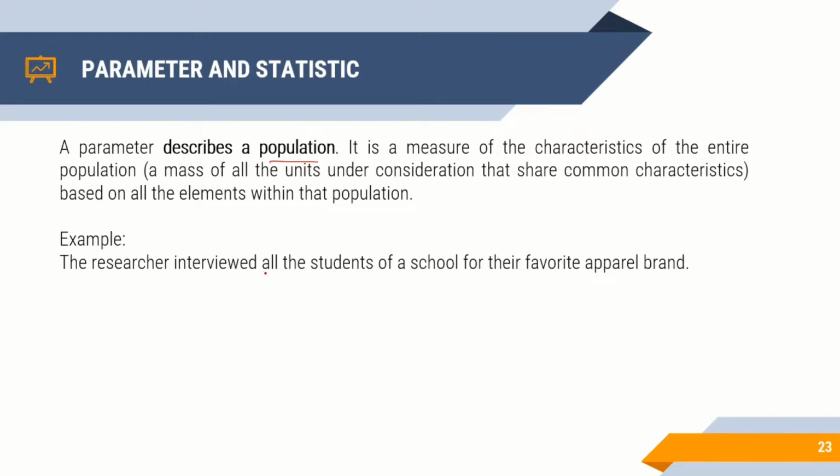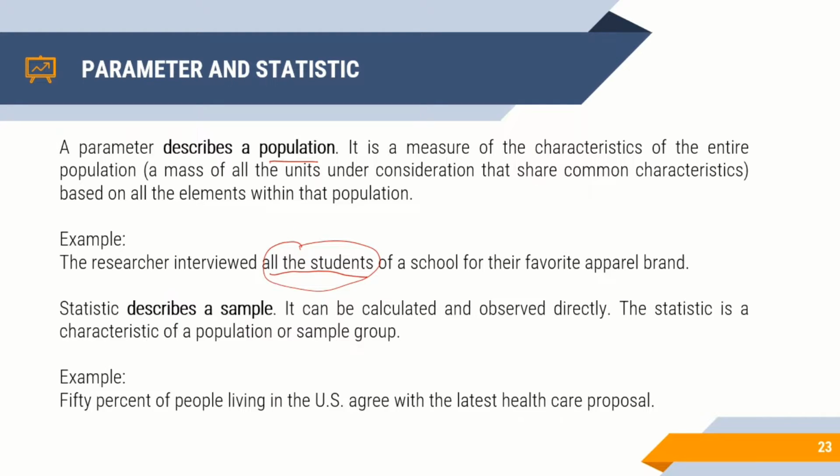So we have here an example. The researcher interviewed all the students of a school for their favorite apparel brand. Since the researcher interviewed all the students, it is an example of a parameter since it describes a population. Now, a statistic describes a sample.